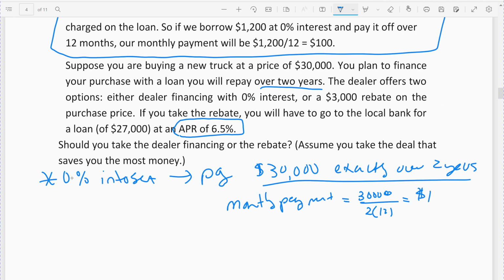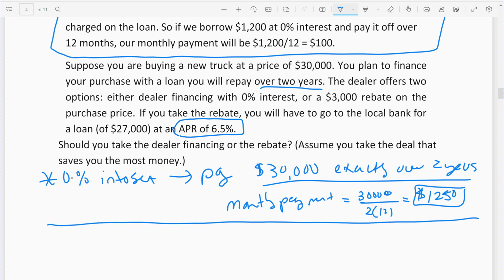You would have to pay back $1,250 a month to pay this off exactly. Again, 2 years is a short amount of time. So every month for 2 years you'll pay $1,250, but you only pay exactly $30,000. You don't pay any more.